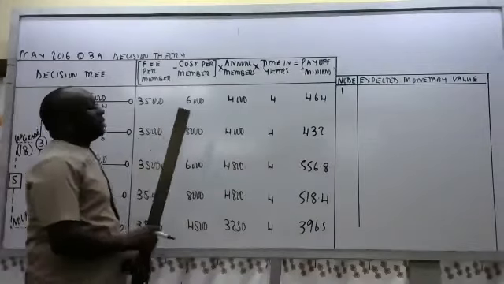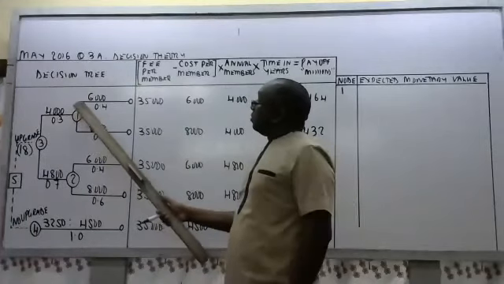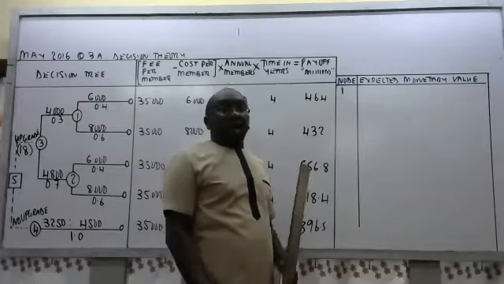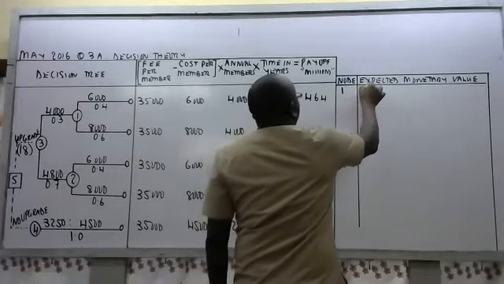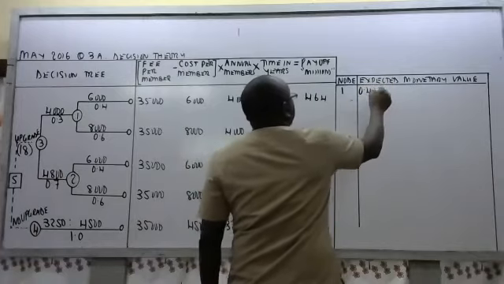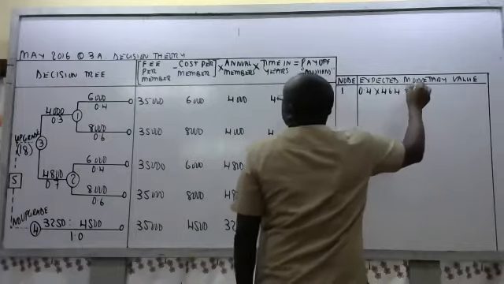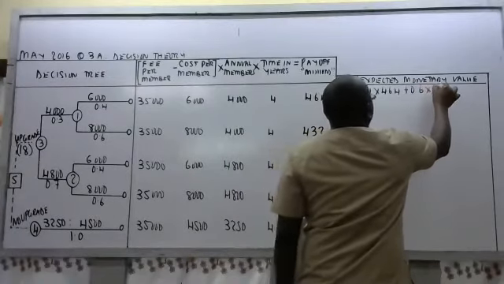Node 1, as you can see here, the lines moving out are complete. So what you do, you multiply. So we say 0.4 times 464 plus 0.6 times 432.